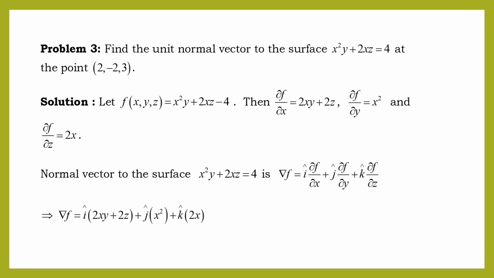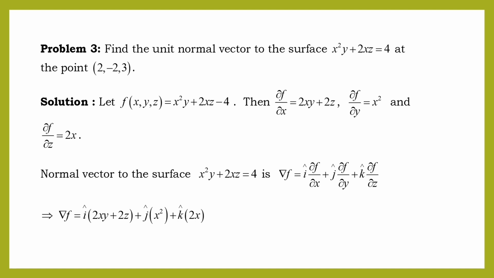For this given surface, f of x, y, z equals x square y plus 2xz. The first partial derivative dou by dou x equals 2xy plus 2z. Dou by dou y equals x square. Dou by dou z equals 2x.